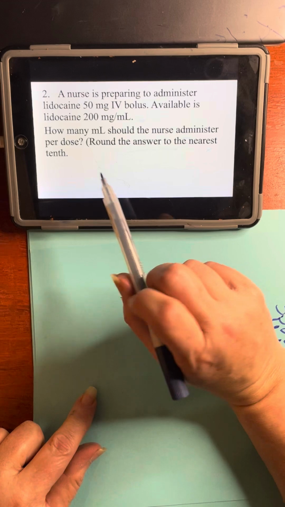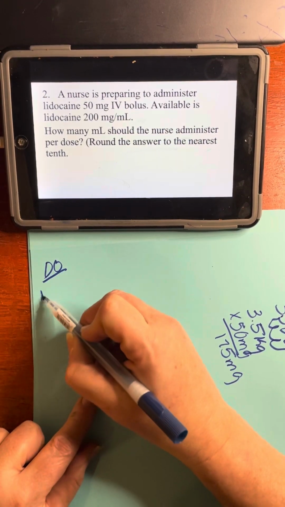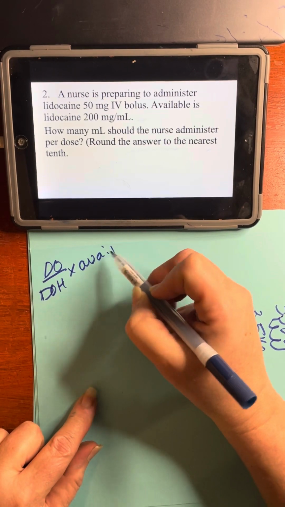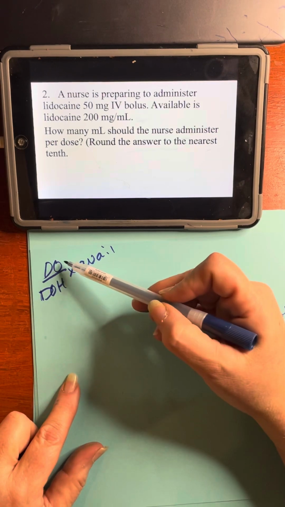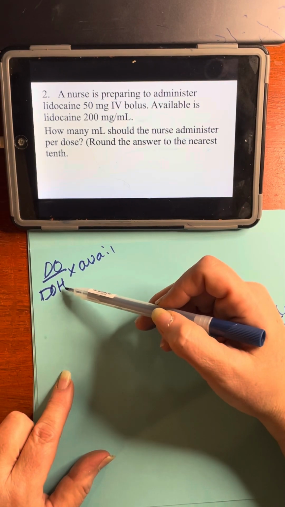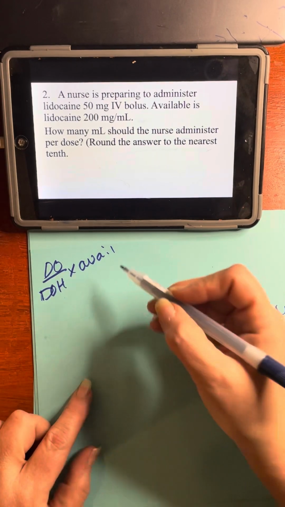So the dose ordered over the dose on hand times how it's available is what you use to do this. I say what he wants, because that's the dose ordered, over what I got. I'm on the bottom because he thinks he's all that. Look, you know I'm telling the truth.